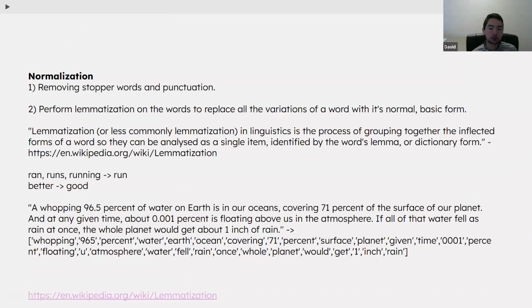So first of all, we have to go through normalization. We have to remove punctuation and stop words.